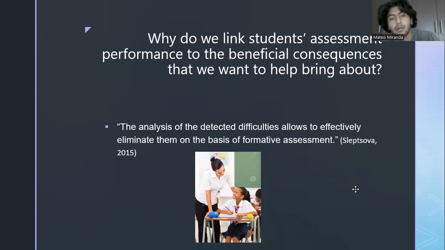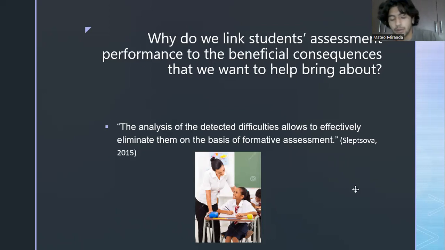And it means that knowing their abilities and where they fail, we can support and enrich those areas where the students fail, and then having a complete education, the student reaches the goal of learning the target language.